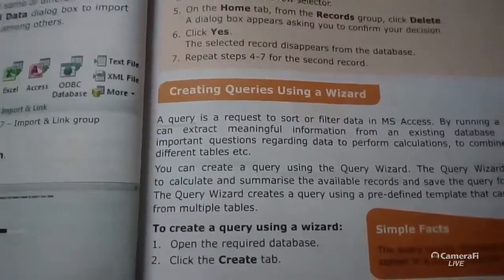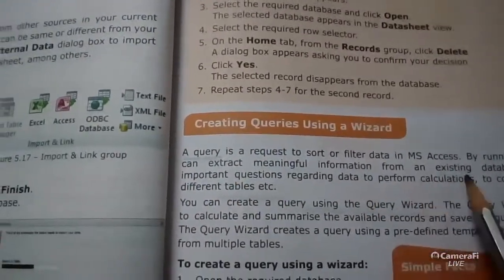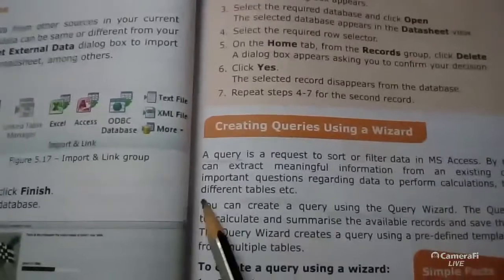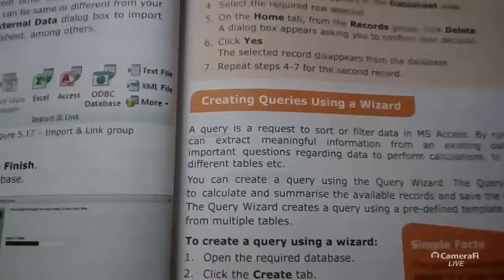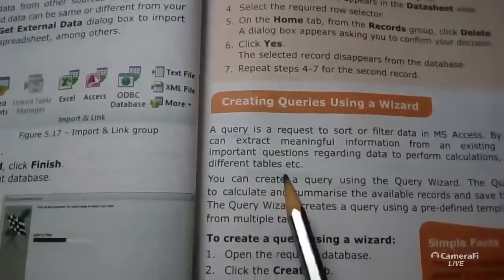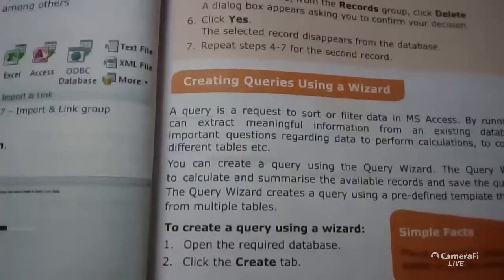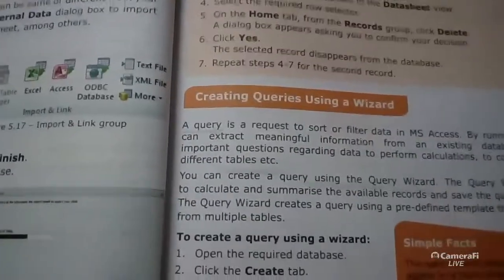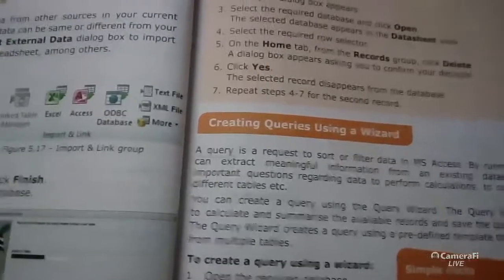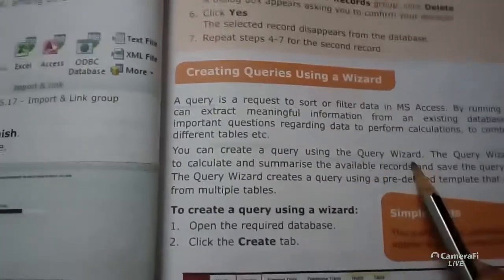By running a query, you can extract meaningful information from an existing database to answer important questions regarding the data, to perform calculations, to combine data from different tables, etc. That means you can take help of queries to calculate the data, combine the data from other tables and filter data.